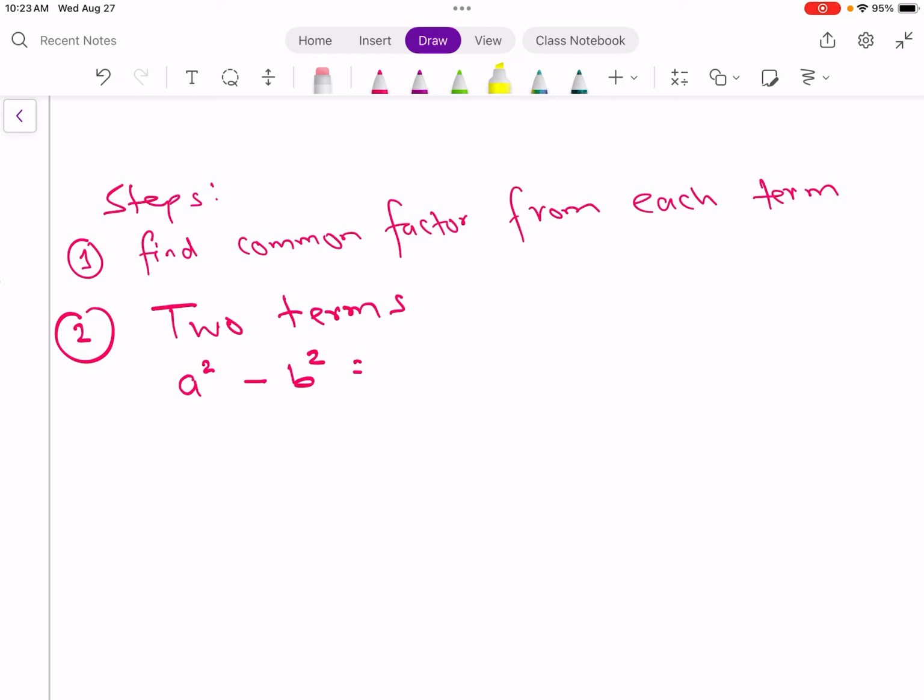So at first, find the common factor from each term. Second step, count how many terms you are given. If your two terms are a difference of squares, the factors are the sum of these two numbers, a plus b, and the difference of these two numbers, a minus b. We use this rule if we are given a difference of squares.